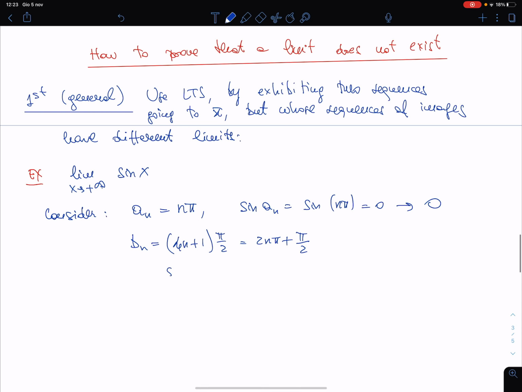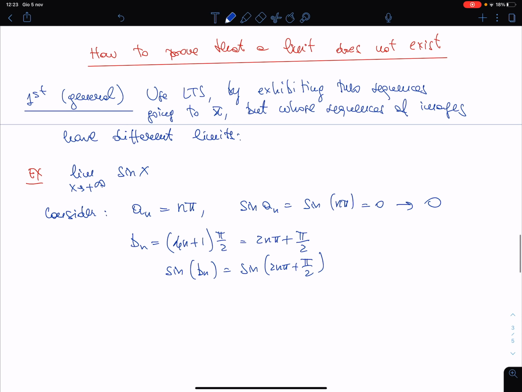So the sine of bn is equal to the sine of 2n pi plus pi halves, but you know that 2n pi just means that you take n complete circles on the circle that defines the trigonometric functions. So this is equal to sine of pi over 2, and this is always equal to 1 and converges to 1.